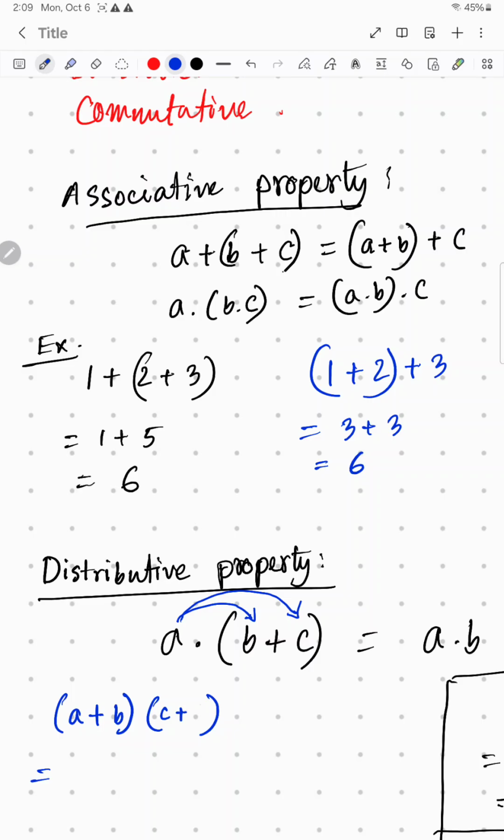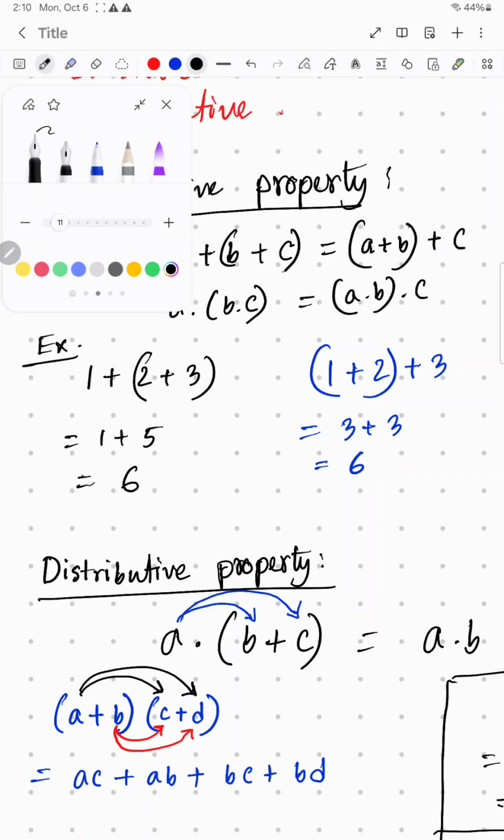What we do here is first multiply a with c and a with d, then multiply b with c and b with d, and together we get ac plus ad plus bc plus bd.